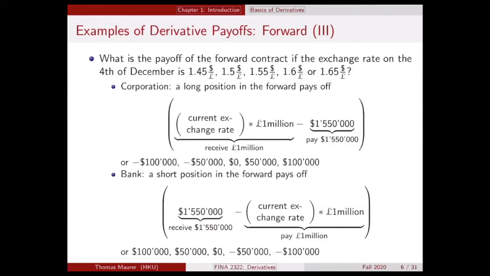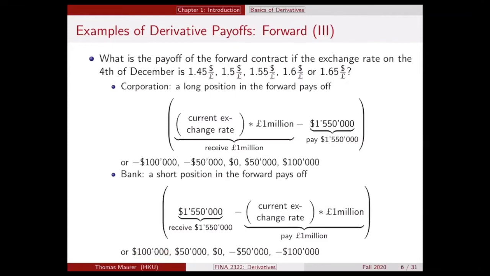Okay, then on the other side, the bank as the short position, what is their payoff again? So they receive the fixed cash flow of 1.55 million US dollars. That's that fixed price which they have agreed to receive if they deliver 1 million pounds. On the other side, they have to deliver the 1 million pounds to the corporation. That 1 million pounds is worth $1.45 per pound, meaning therefore they have a gain of 100,000 US dollars.